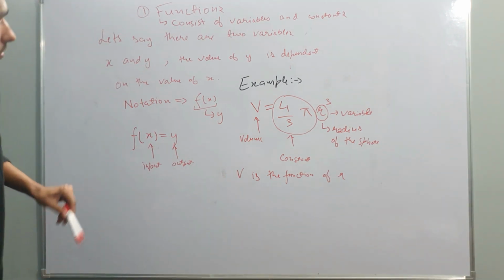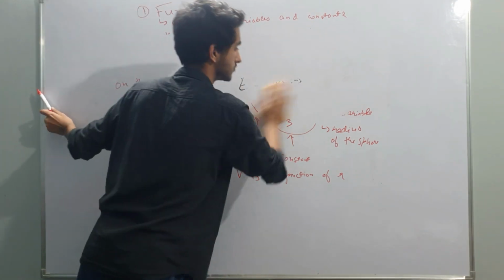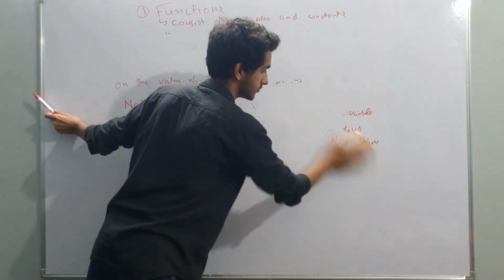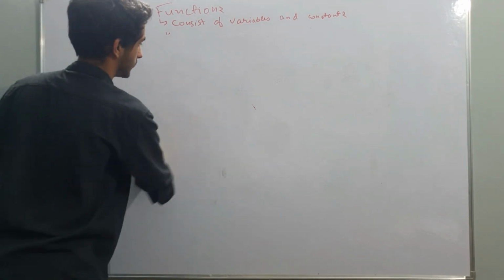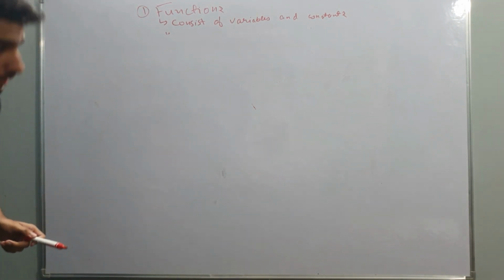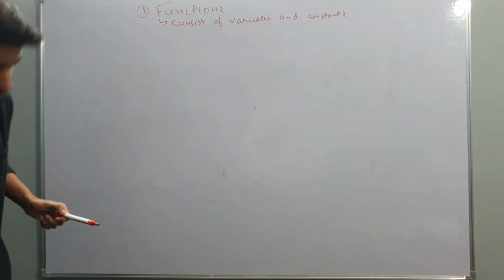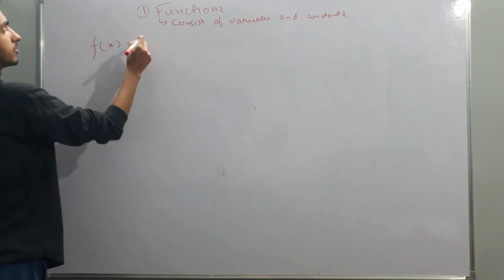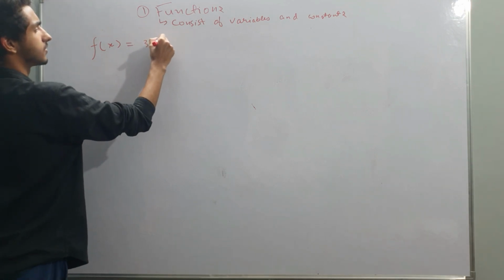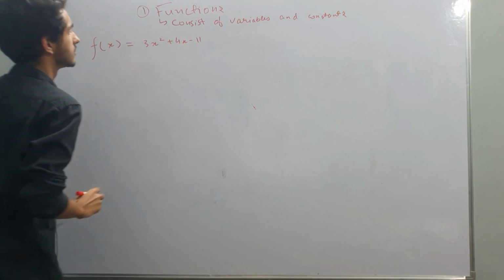We can also do this with more examples. Let's say there exists a function f of x is equal to 3x cube plus 4x minus 11.